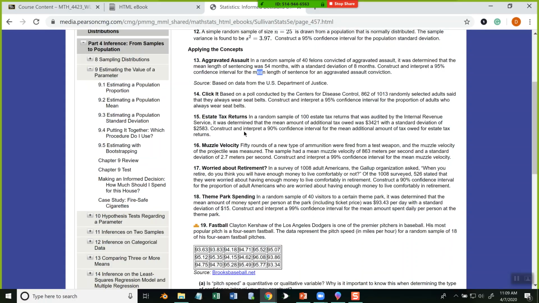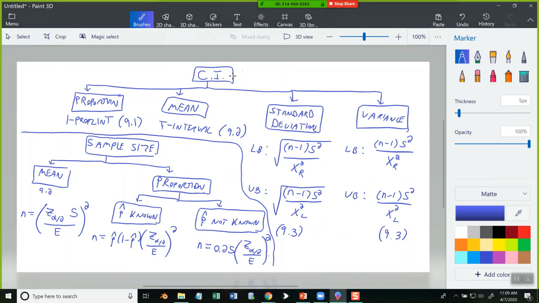Your first reading should be just to kind of decide what we're working with. Is it a confidence interval or is it a sample size problem? Number 14. Construct a 95% confidence interval. So we're sitting right here.